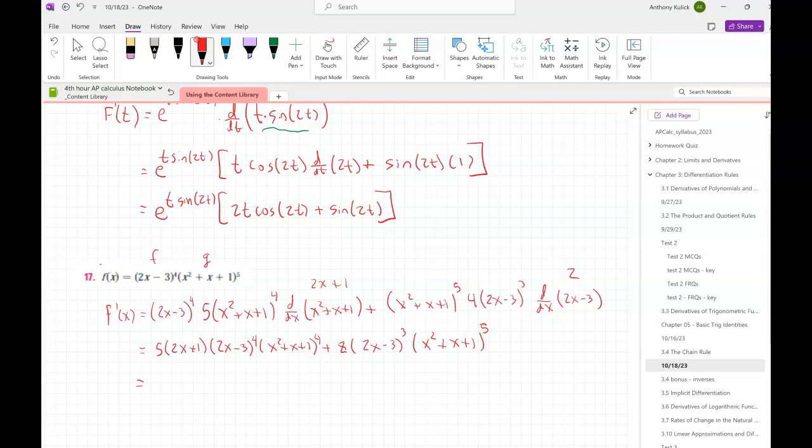And let's see if we can get their answer that we simplified to. So I'm going to take out the greatest common factor of 2x minus 3 to the third, and then x squared plus x plus 1 to the fourth. So in the first piece, I have that 5 times 2x plus 1, and then I have a 2x minus 3. And in the second piece, I have that 8, and I have an x squared plus x plus 1. Does that all look okay?